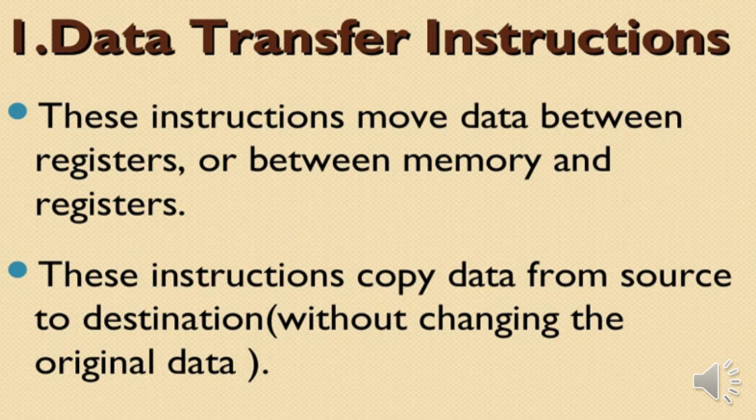These instructions move data between registers, between memory and register, and between register and memory. They copy data from source to destination without changing the original data, and do not affect the flag status of the flag register of the processor.